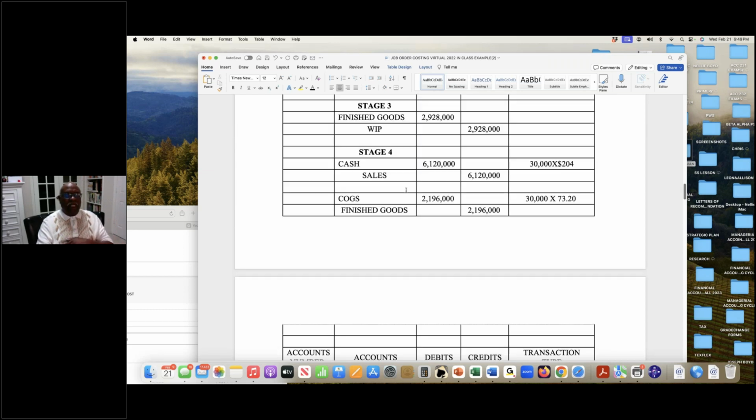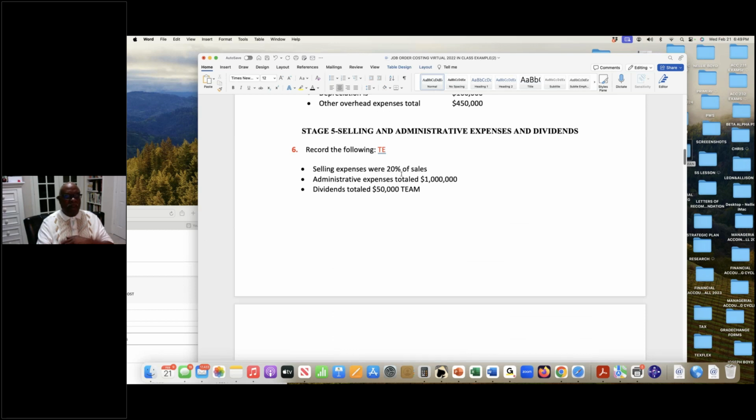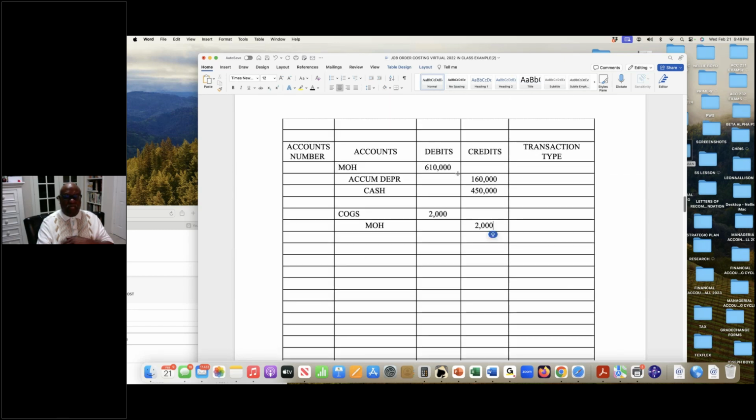Then we had items that you're familiar with. We're in stage 5, selling and administrative expenses.